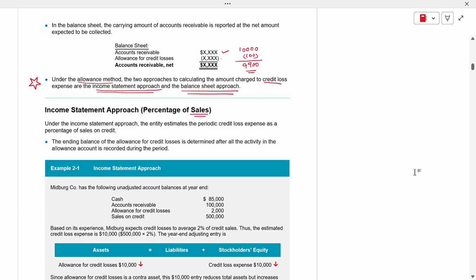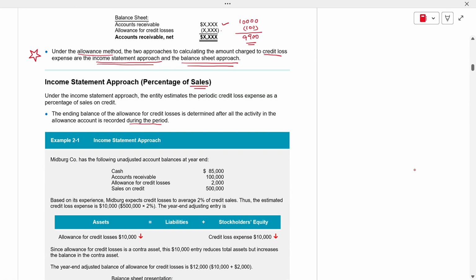Under the income statement approach, the entity estimates the periodic loss expense as a percentage of sales on credit. The ending balance of the allowance for credit losses is determined after all the activity of the allowance account is recorded during the period. Now, what is the income approach?